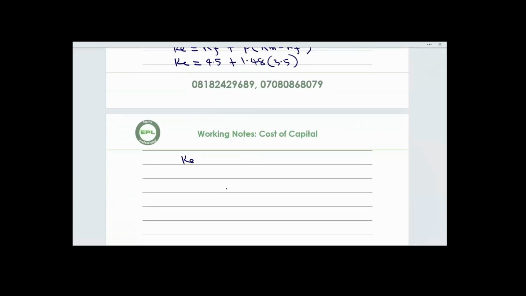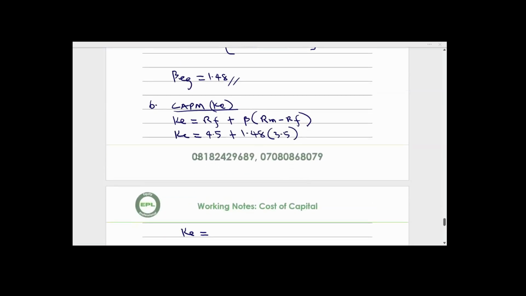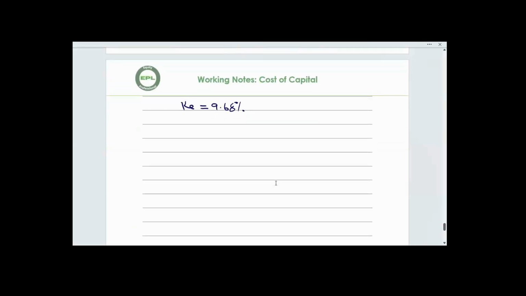Therefore, the cost of equity would then be equal to 3.5 multiplied by 1.48, then plus 4.5, equal 9.68. So 9.68% is the cost of equity.